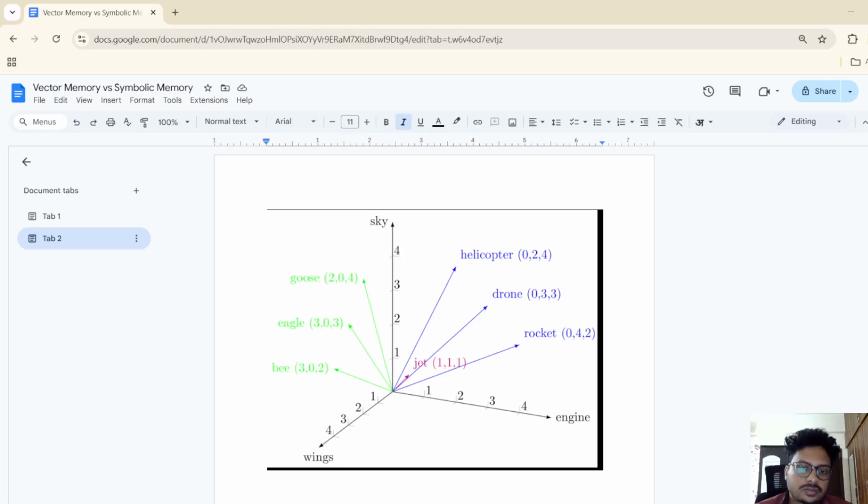Here you can also see goose, eagle, and bee. Bee can fly, eagle can fly. If there is no similarity between the words, the distance will be much greater. This is the way words get stored in the vector memory. I hope you understand.